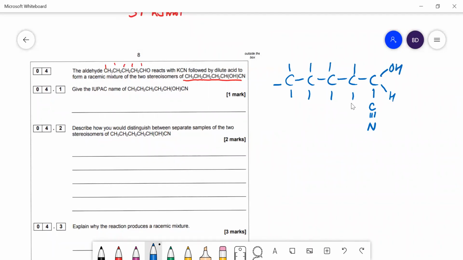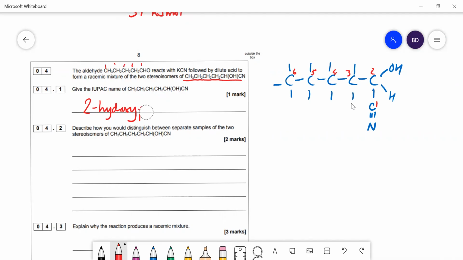Now naming it, you've got to have this as carbon number 1. So that's 1, 2, 3, 4, 5, 6. So you would call that 2-hydroxy pentane, sorry, hexane now because it's 6.